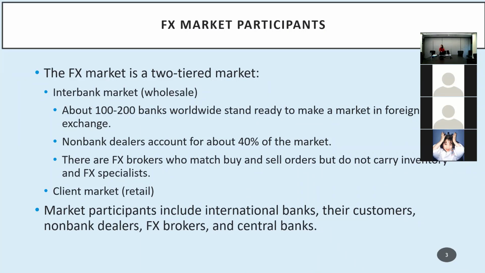Central banks trade currencies when they want to buy and sell their foreign reserves. For example, if the Reserve Bank of Australia wants to increase their foreign reserve, they will go to the foreign exchange market and buy, say, the USD. So central banks are also one of the big players in this market.